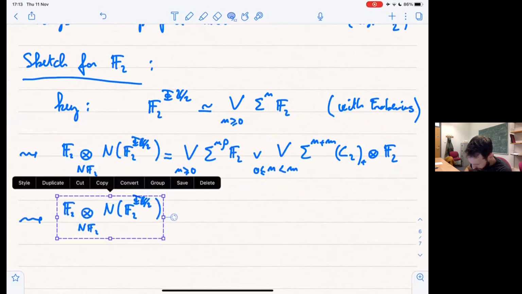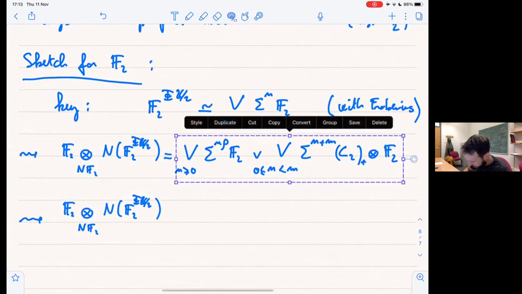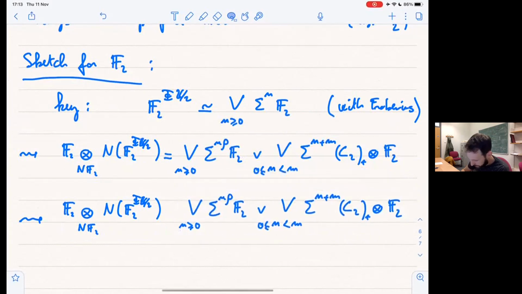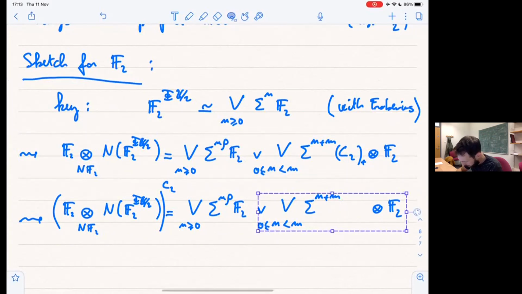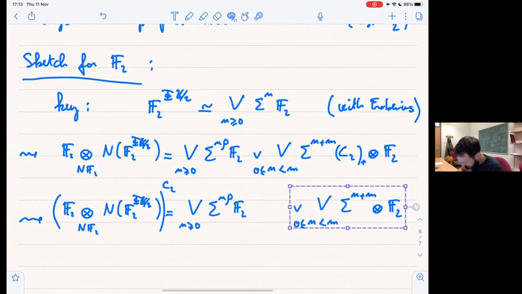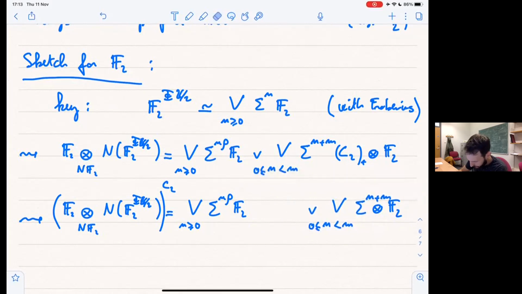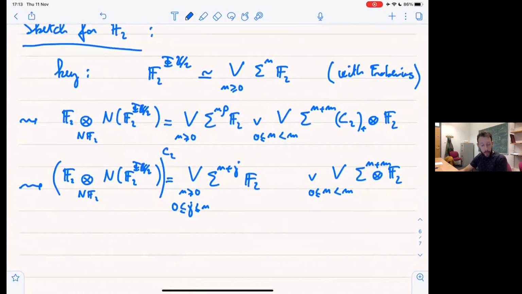So these terms go away. And here you get some more copies of your F2s. It's going to look like that. And then you need to compute the maps.